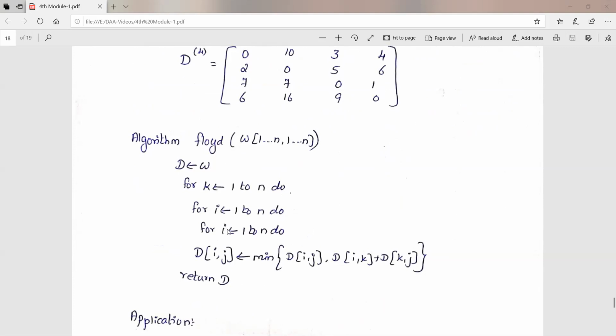Okay, so now D of ij is equal to minimum of D of ij, or, whichever is minimum you have to consider that, either D of ij or D of i comma k plus D of k comma j. Okay, so now we have to return the distance matrix. So here it is not i, this will be j is equal to 1 to n.